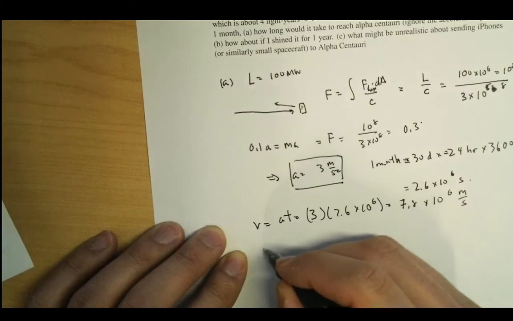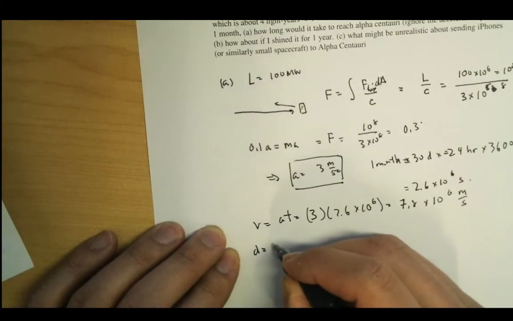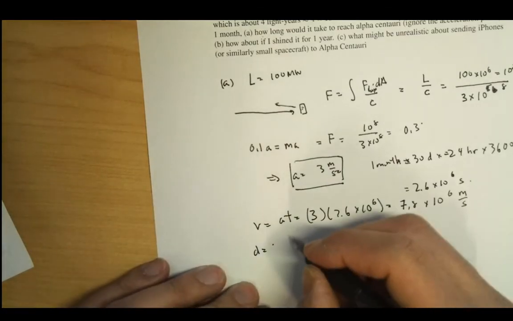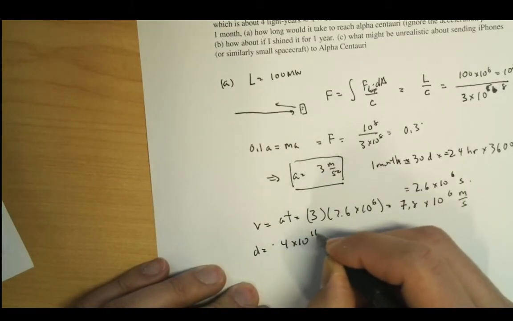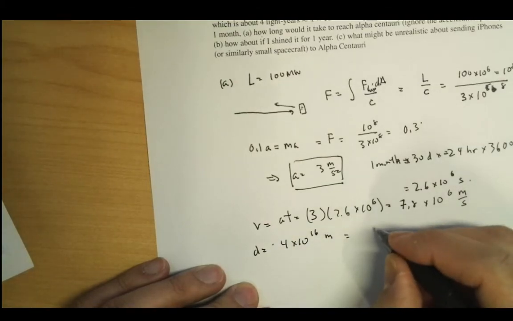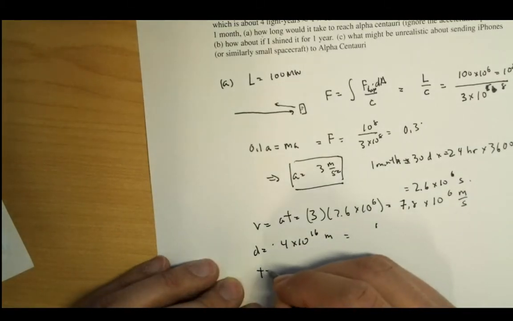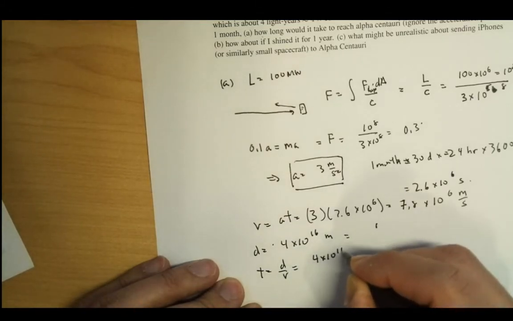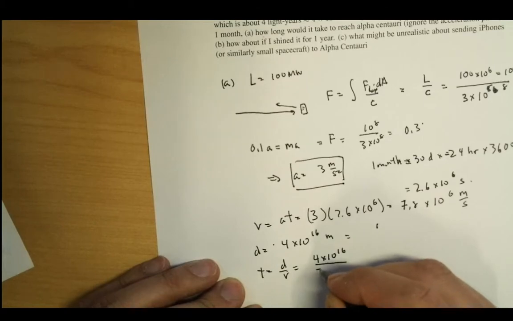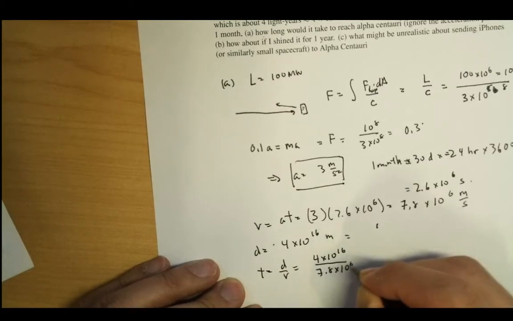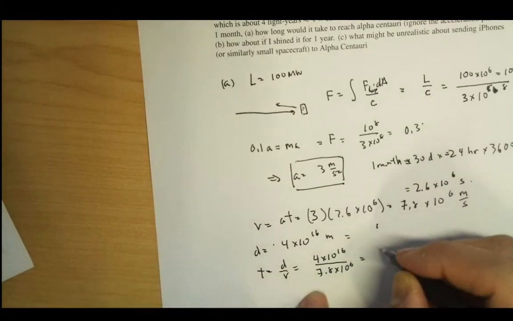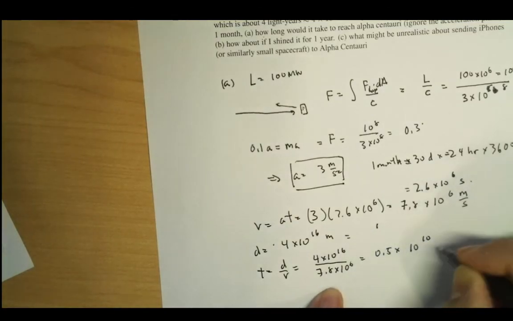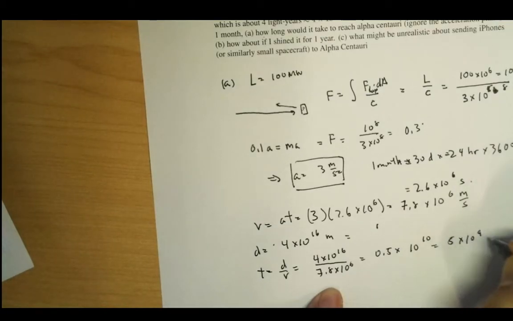The distance is, as I wrote up there, 4.4 times 10 to the 16 meters. The time is distance over velocity, 4 times 10 to the 16 divided by 7.8 times 10 to the 6. This is roughly 8 or so, so it's basically 0.5 times 10 to the 10, which is 5 times 10 to the 9 seconds.